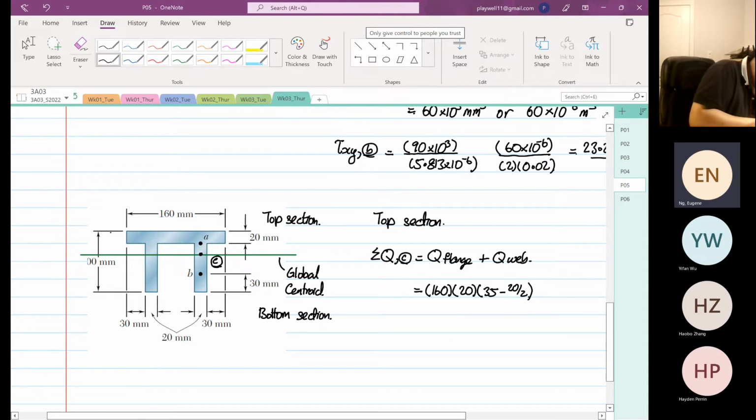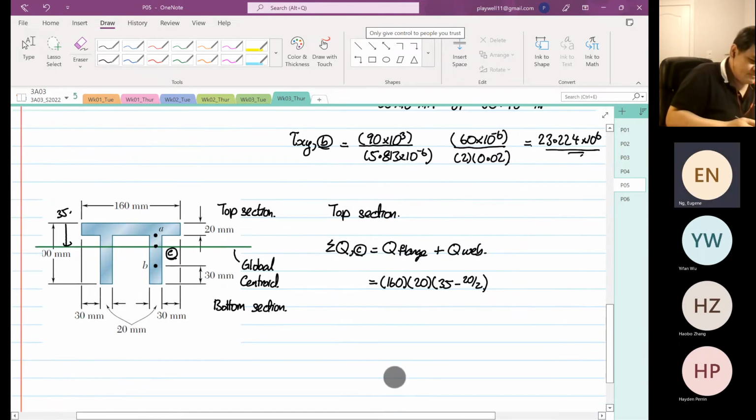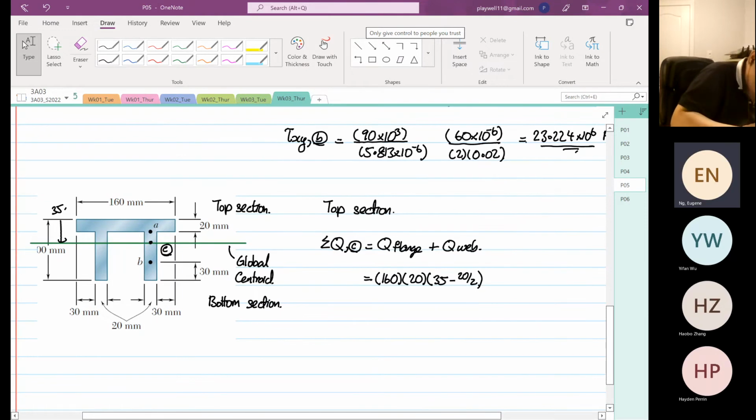Because the distance from here to here, we know is 35. Okay. Then Q of the web plus twice. Okay. The width is 20. The depth now is 15. How do I get 15? Because the distance from here to here is 15, right? And then the Y bar is equal to 15 divided by 2.